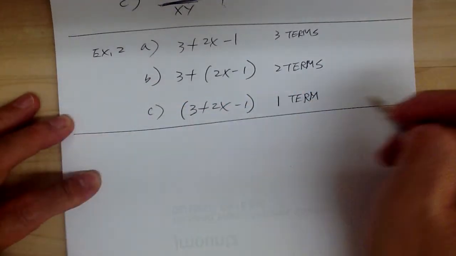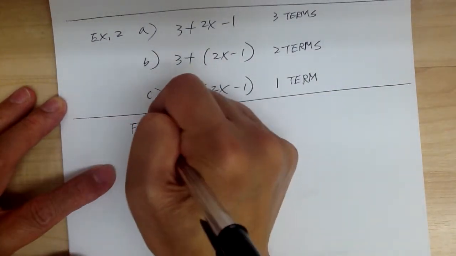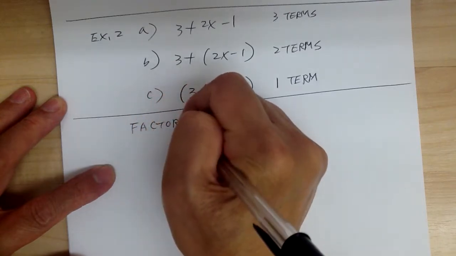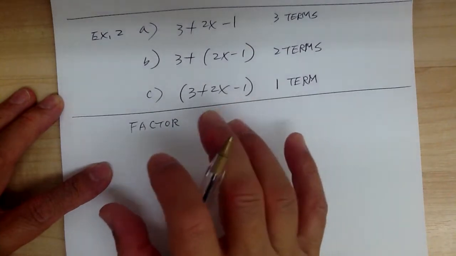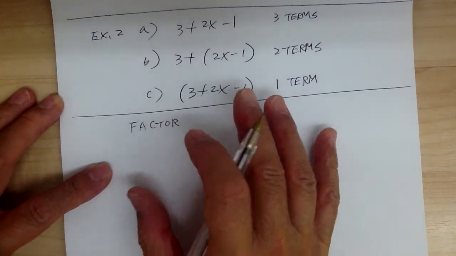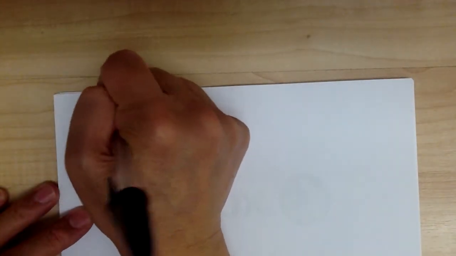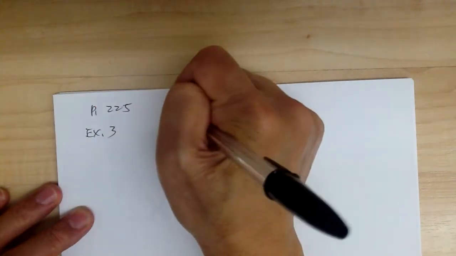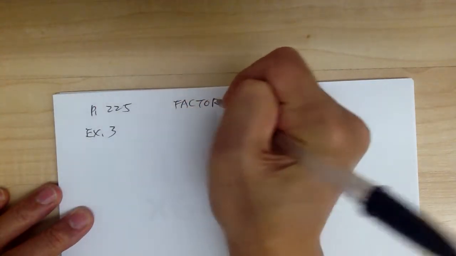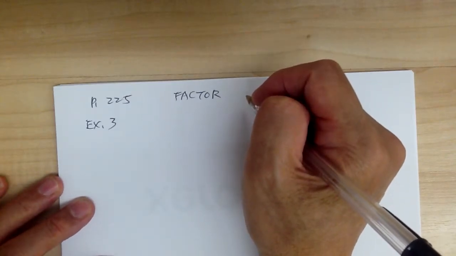The next definition is a factor. Factors are what you have when you have multiplication or division. Let's look at some examples of factors on page 225, example 3. Whenever you have multiplication or division, those are factors.